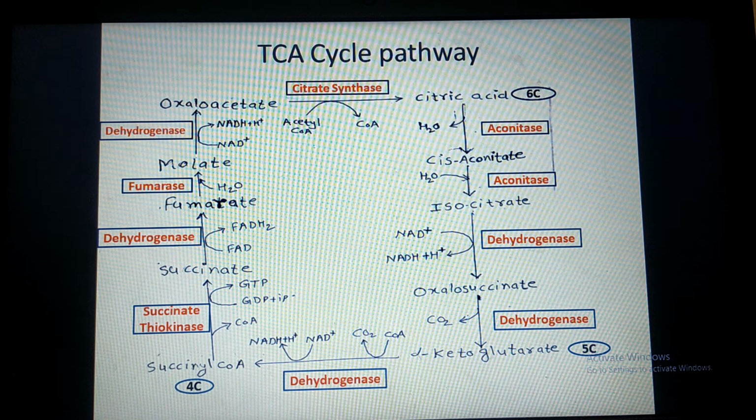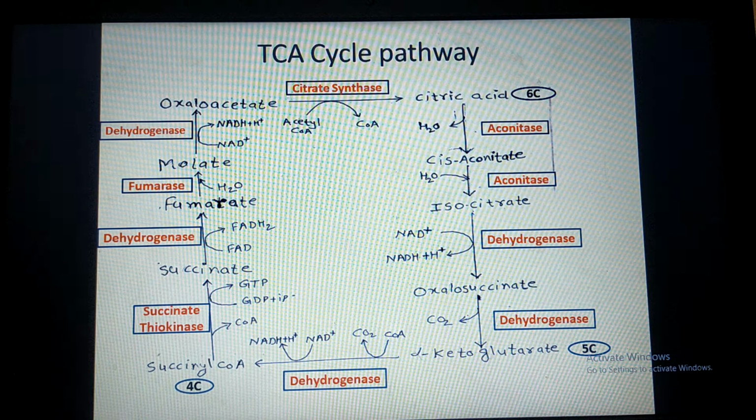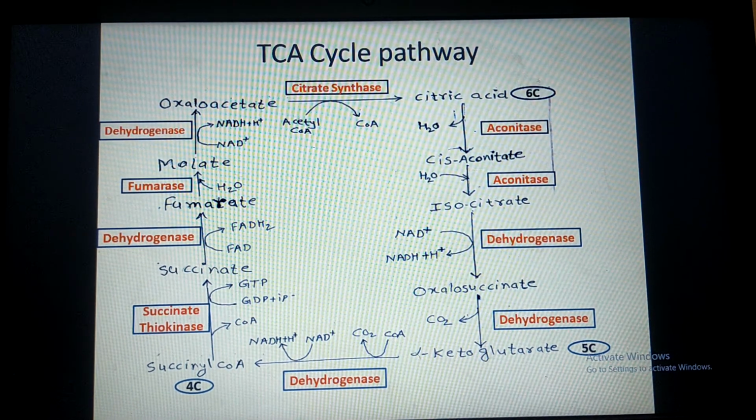Now in this way the oxaloacetate, which is the substrate of this TCA cycle, is regenerated at the end of the pathway. So in this pathway acetyl CoA is completely utilized by removing two hydrogen atoms at two different steps, and oxaloacetate is regenerated as it is. So this is the TCA cycle pathway.